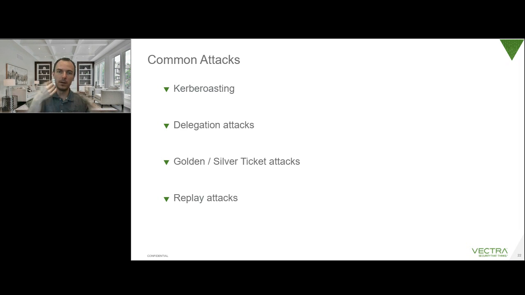Assuming that the server doesn't check some of the timestamps in there, which is part of the configuration, they're allowed to replay that ticket and gain access. The malicious actor is then able to masquerade as Alice. So, as you can see, there are multiple ways that a malicious actor can gain access to what they need and utilize Kerberos during the course of their attack.